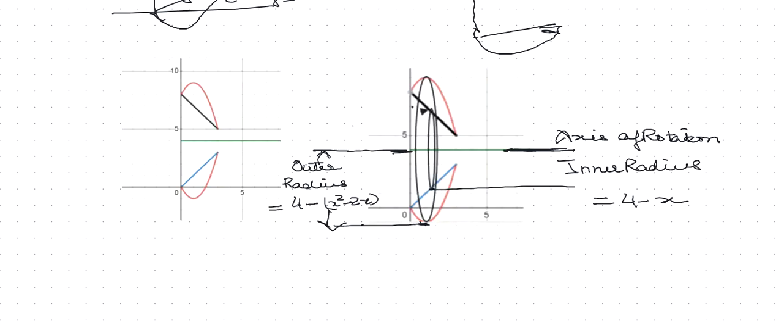So outer radius is 4 minus (x square minus 2x). Okay. For the ring we are seeing here, we see that f(x) is negative.